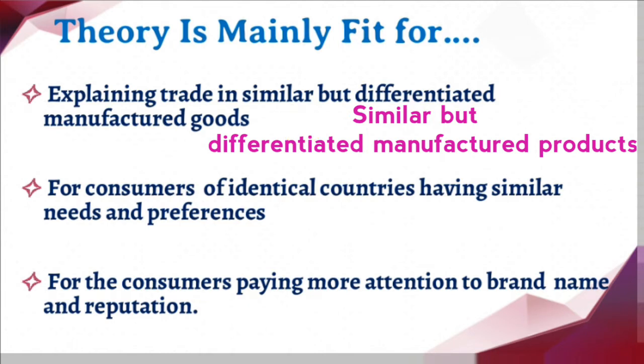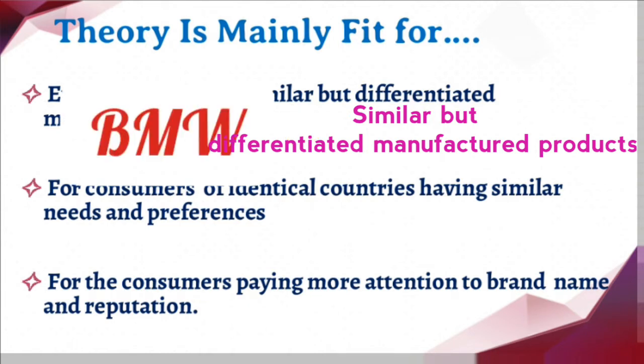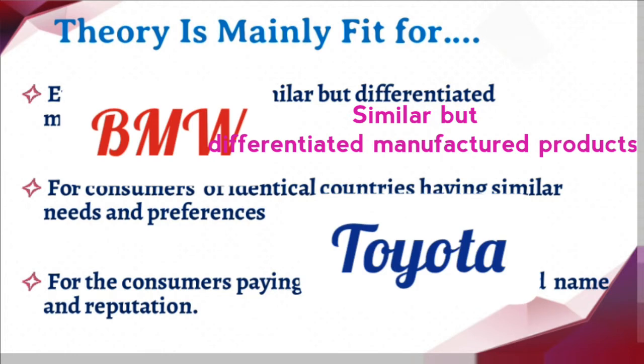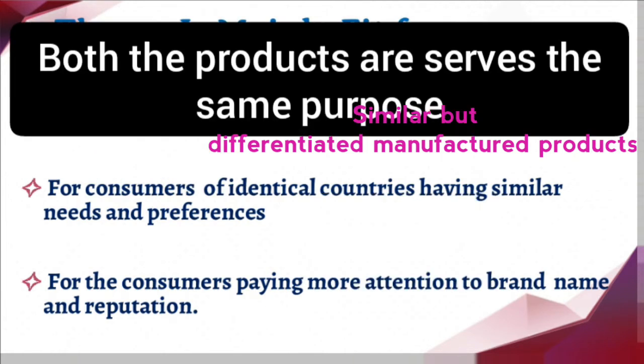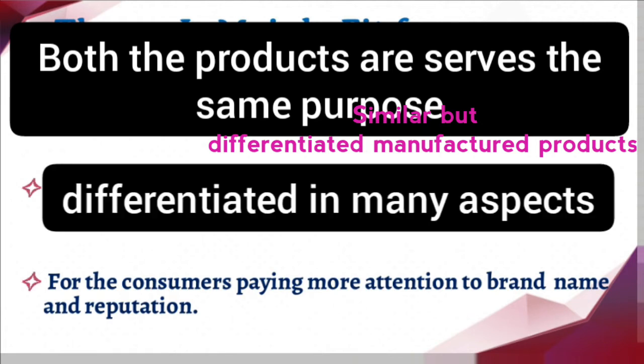Let us take an example of BMW and Toyota. Very expensive example, right? Anyway, both the products would serve the same purpose of the customer. At the same time, both are differentiated from certain aspects like the type of technology used, the price, and materials used.